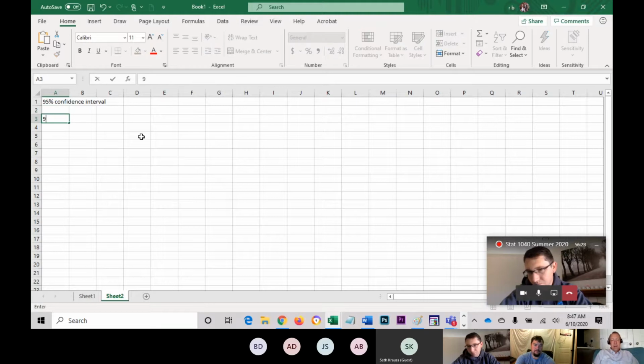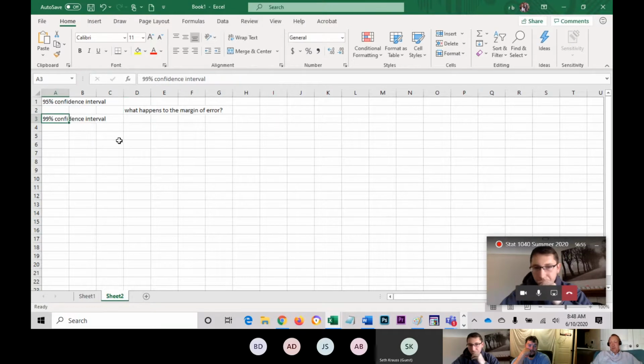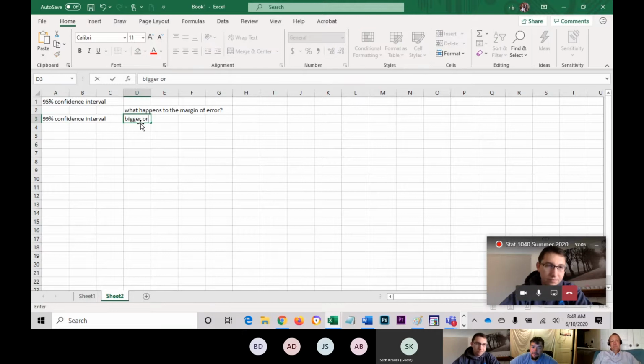And we want to compare that to a 99% confidence interval. Okay, so assuming everything stays the same, what happens to the margin of error when you go from 95% confidence to 99% confidence? Does your margin of error get bigger or smaller? Get bigger.